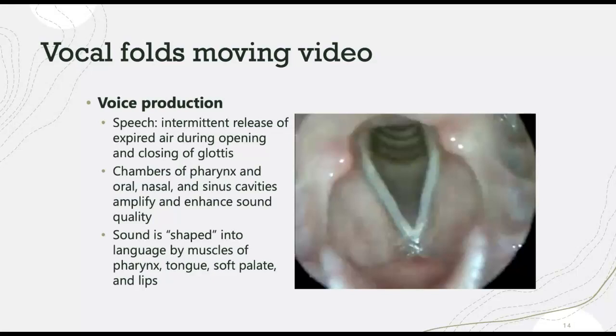And our pitch is going to be determined by the length and tension of our vocal cords, and the loudness will depend on the forced air there. So then our sound will be shaped into language using muscles within our pharynx, tongue, soft palate, and our lips. So let's go ahead and watch this video as to how these vocal cords are going to be put to work.